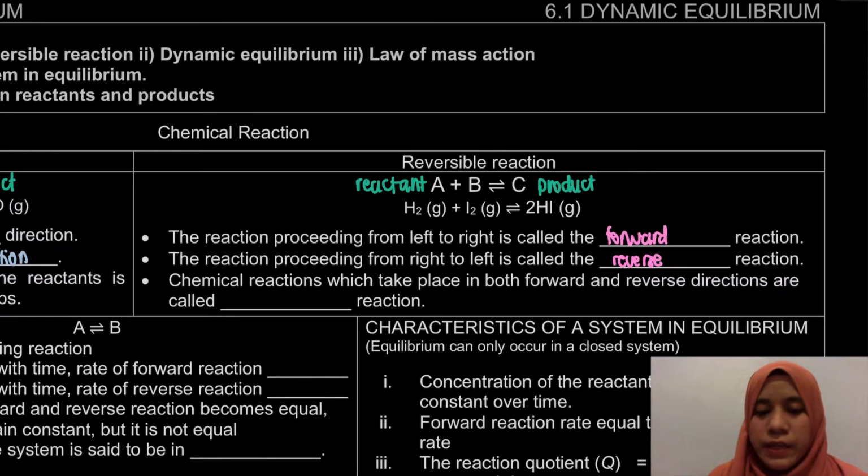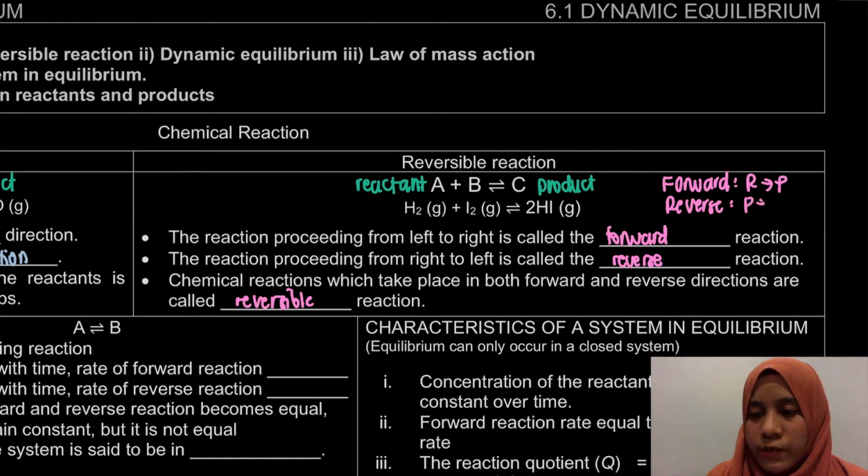The chemical reaction which takes place in both forward and reverse direction is called a reversible reaction. I'm just going to write this down at the side. Remember that a forward reaction must be from the reactant to product, while reverse is the opposite, from product to reactant.